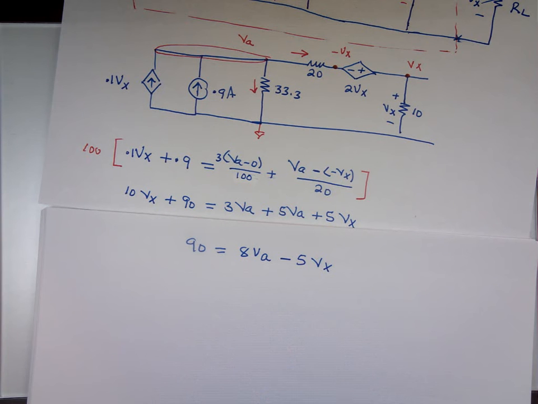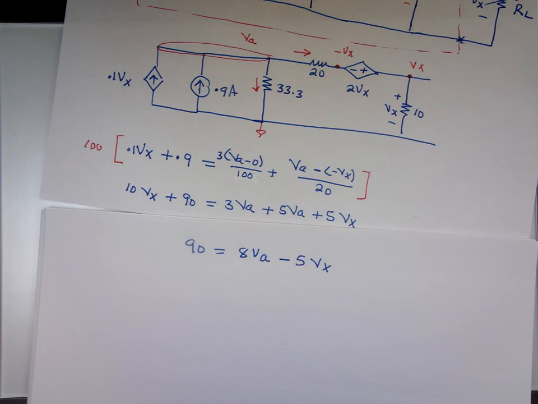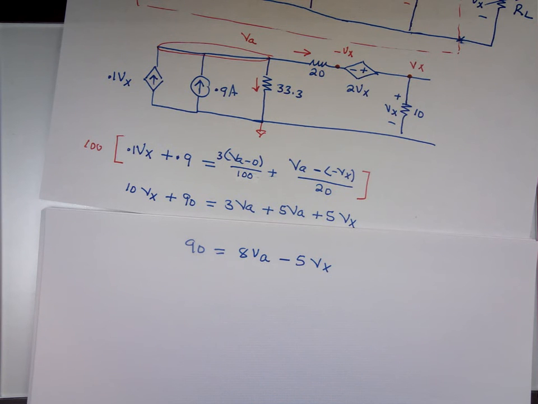Now I need to find a relationship between VA and Vx. Can we find a relationship between them here? Between VA, that's the voltage right here, and this is Vx right there. Isn't this a super node right here?